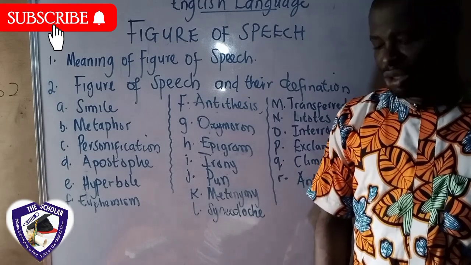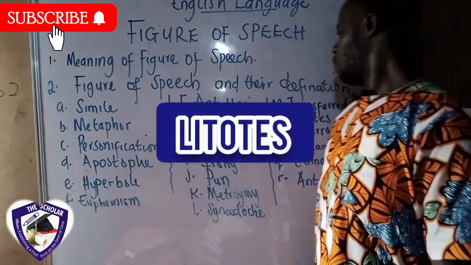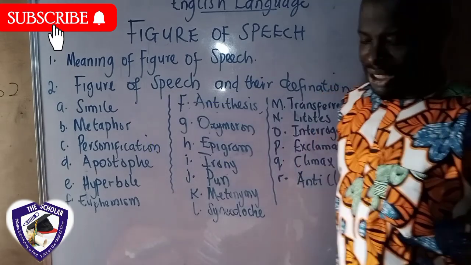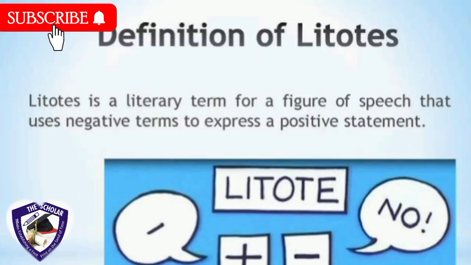Now, let's take the next, which is litotes. What do we refer to as litotes? A litotes is a figure of speech which is used to convey an affirmative meaning by employing a negative word.